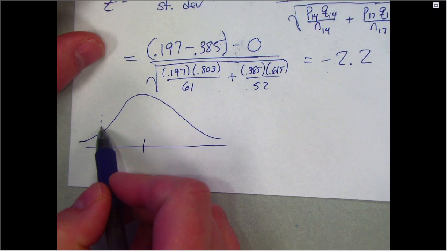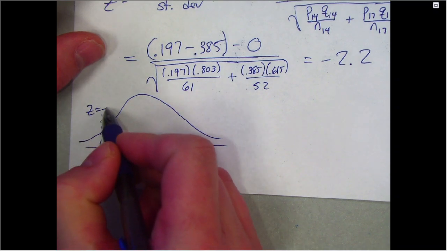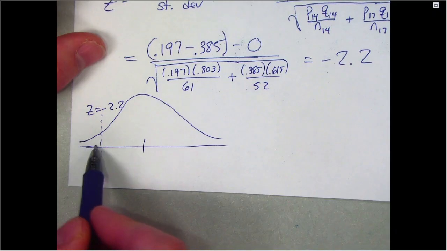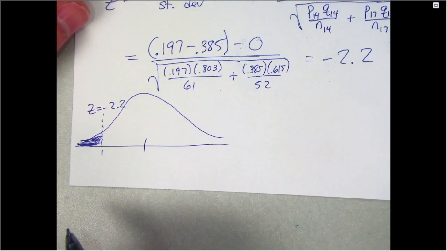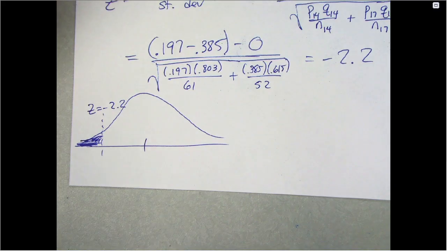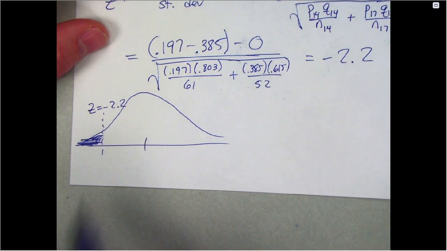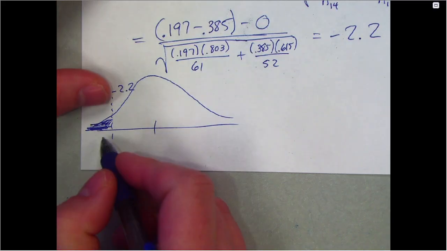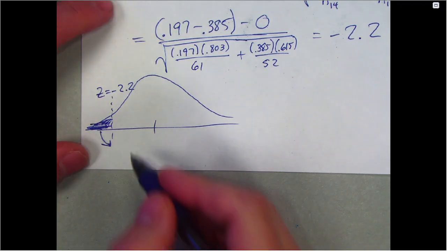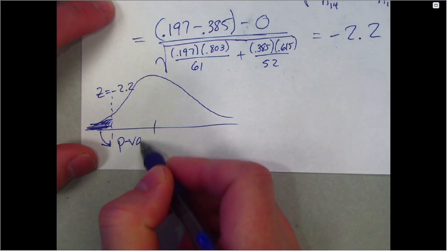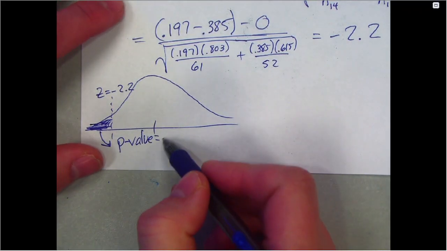On the left because it's negative. We're shading to the left because we said less than. The size of that region is the p-value, which I already know, but I'm going to pretend I'm finding it.